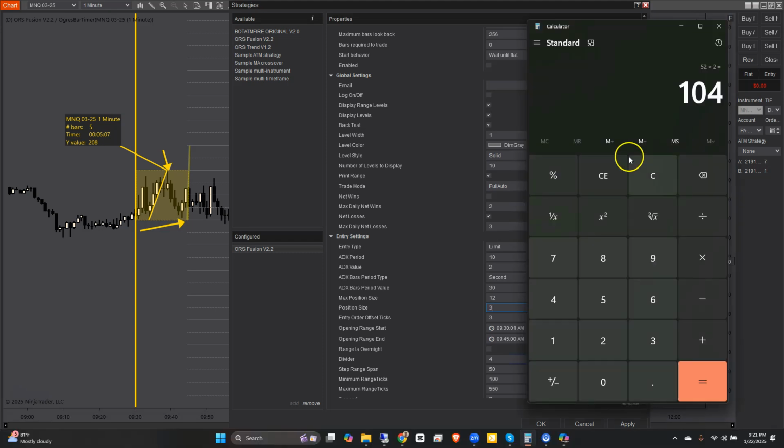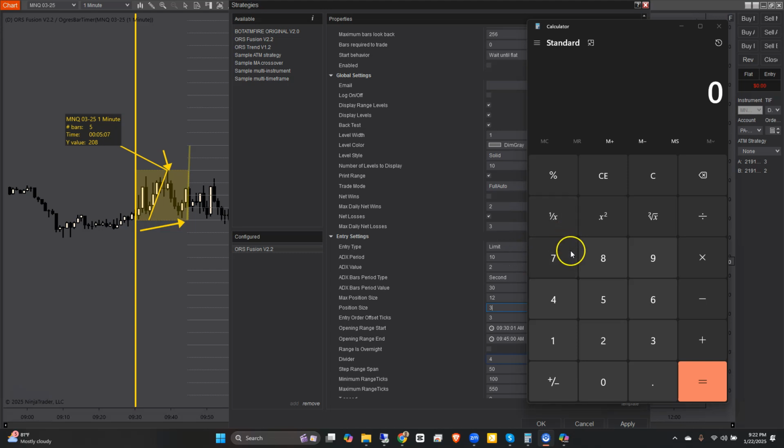So on 3 micros, it would be $52 per micro times 3, $156, which is, you know, on a 50K account with a $2,500 available drawdown, $156 probably fine. So maybe I want to risk 3 on this 208 tick opening range day. Totally fine, especially if you got a fresh drawdown left and things are looking good.